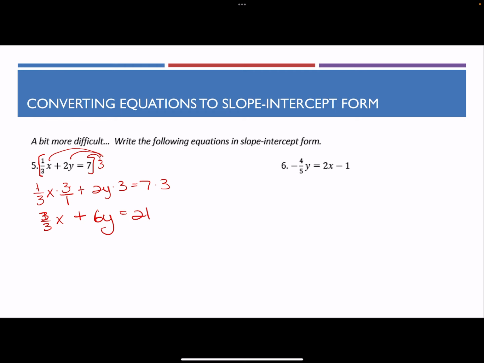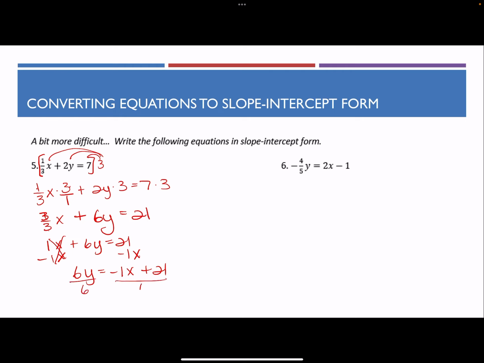So 3 over 3 is 1x plus 6y equals 21. Now we're solving for y. So now we've gotten rid of the fraction. Let's solve for y. We're going to subtract 1x from both sides. We have 6y is equal to negative 1x plus 21. Now get the y by itself.